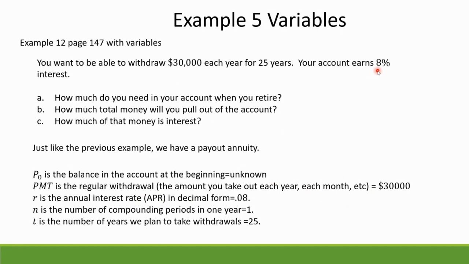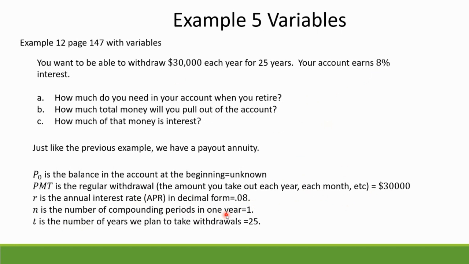The interest rate, we write that as a decimal for the formula. That's 0.08. Okay? How many times is it compounded in a year? Well, remember, unless stated otherwise, it's being compounded as often as we're taking out withdrawals or as often as we're making deposits.